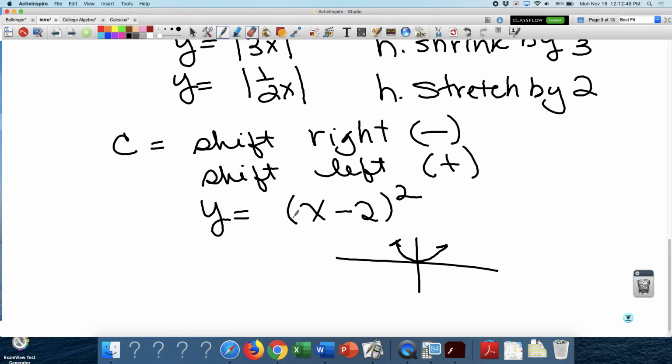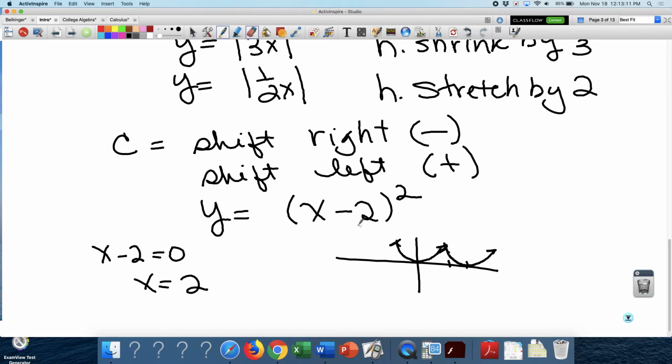When I set this equal to 0 and solve for what x is, because I'm moving it over, it changes its sign, which means it's really at positive 2. It really moved right 2.